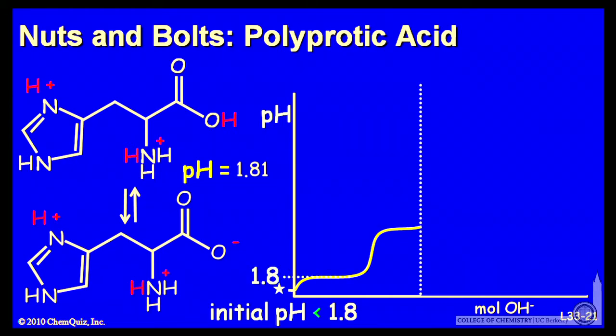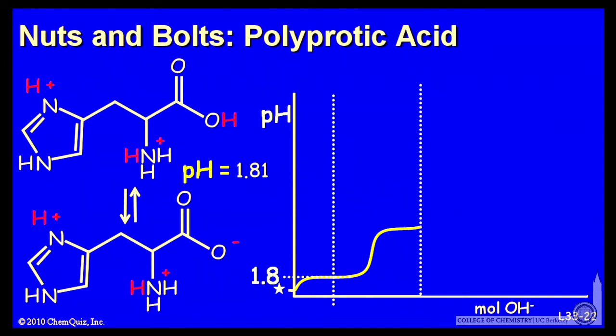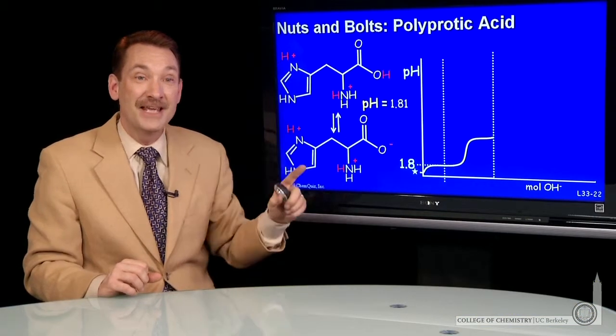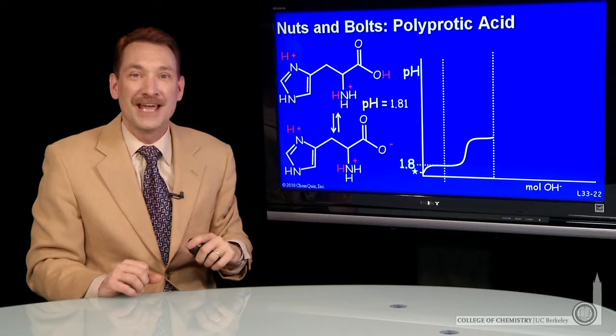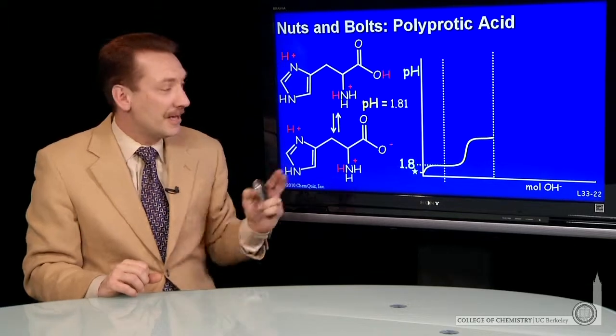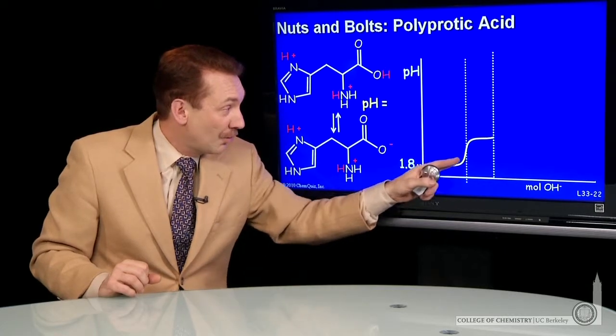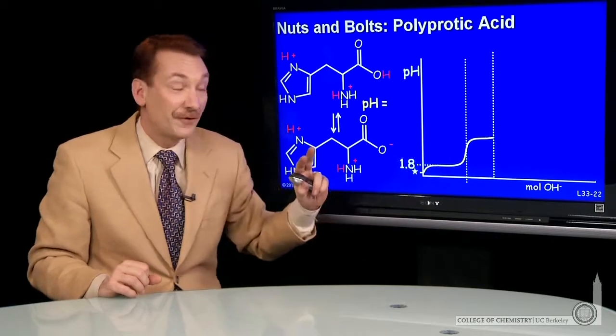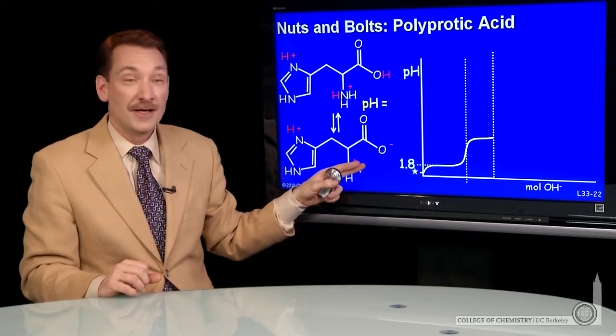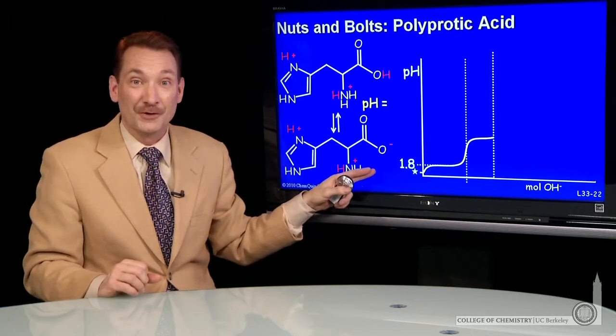And that will happen halfway to the first equivalence point. So here's the first equivalence point. Halfway there, I'll have an equal concentration of these 2 forms at pH equals pKa1. Now, I can continue to add base, and when I do, I'll go over to the equivalence point of the first proton. So I'll completely remove the first proton.